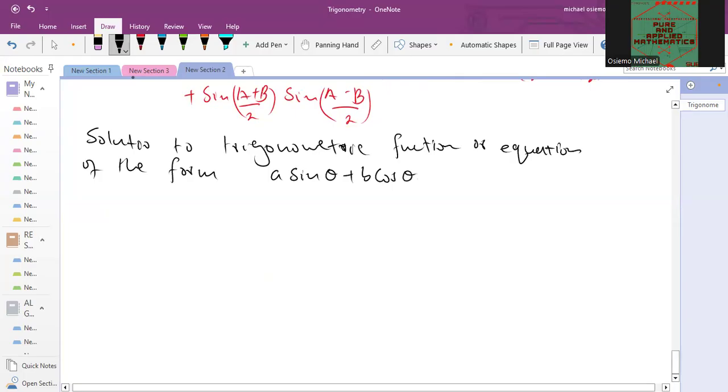For us to show that, we need to write this expression as a compound angle formula.